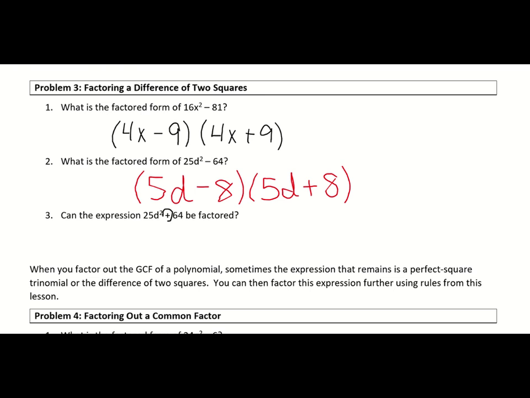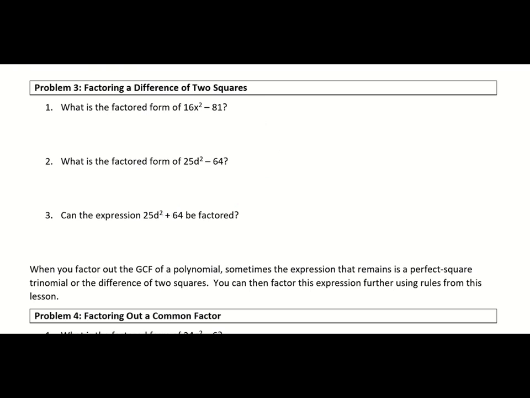However, this has a plus, and a plus is known as a sum. There is not a possible way to factor a sum of squares if a GCF is absent. So whenever you have a sum of squares, if there is no GCF, we call that prime. Because we're not going to get two numbers that multiply to a positive, but also add to a 0.